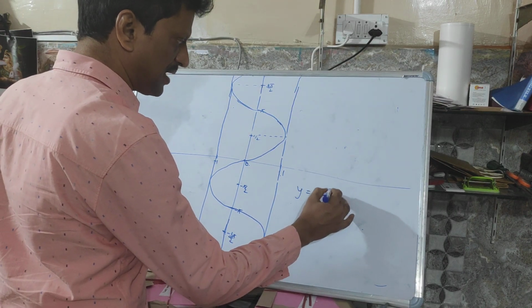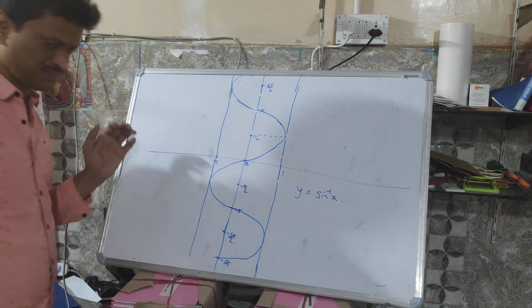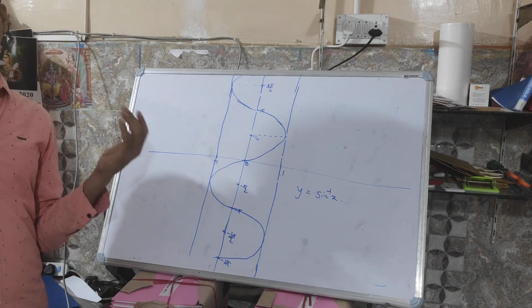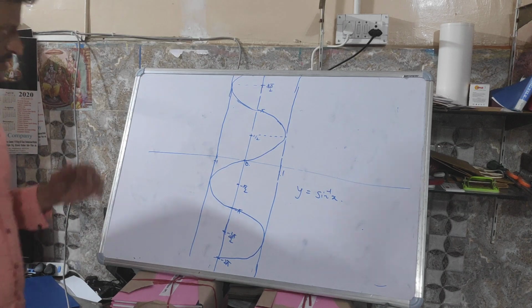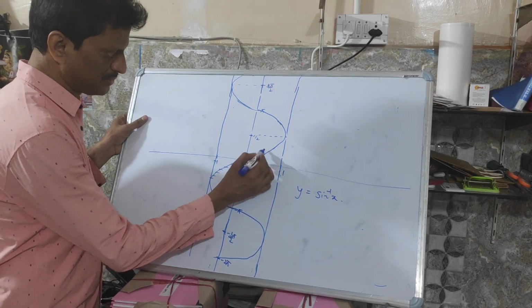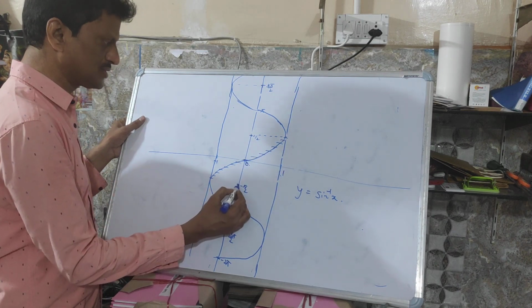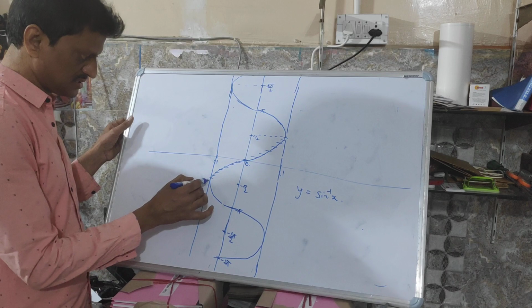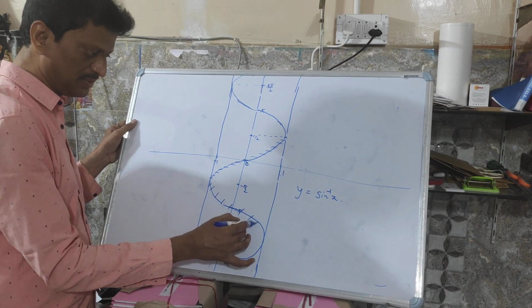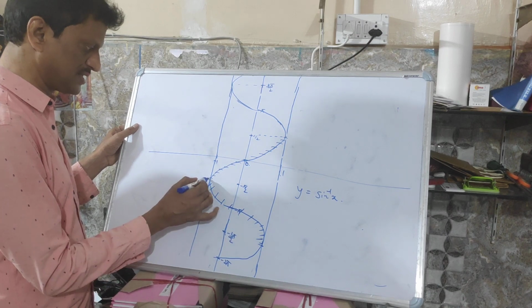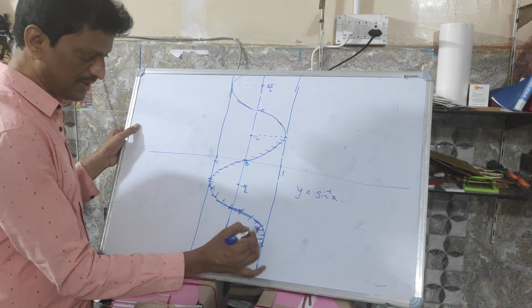But we take it part-wise, because for every restricted domain you will be getting one branch of sin inverse x. Earlier I drew the graph in the range closed minus pi by 2 to pi by 2. In the other branches, the graph will be like this: from minus 3 pi by 2 to minus pi by 2, this is the graph.